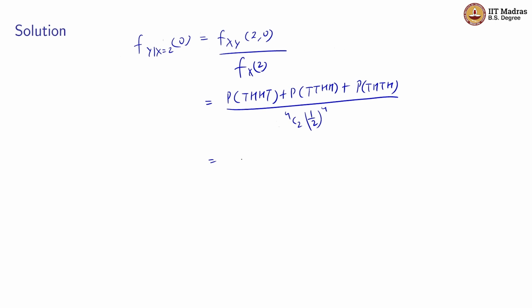As the coin is fair, probability of getting all the outcomes is equal to 1 by 16. So this will be equal to 3 by 16 divided by 6 by 16. So this is equal to 3 by 6, which is 0.5, and this is our required answer.